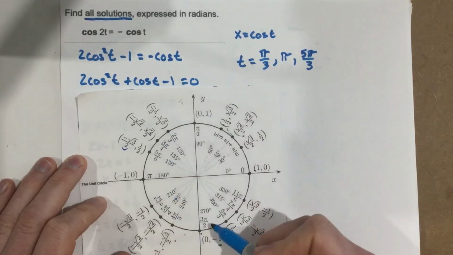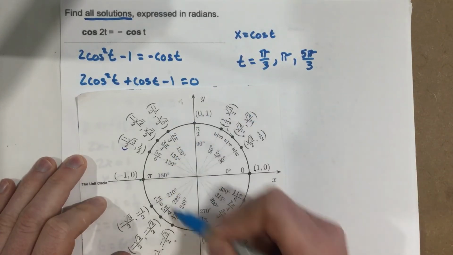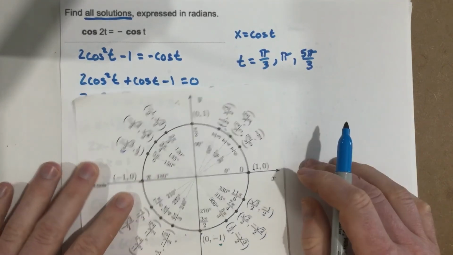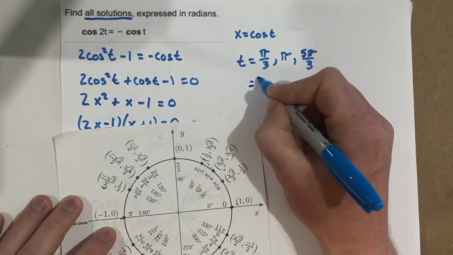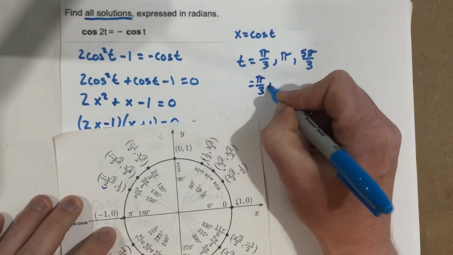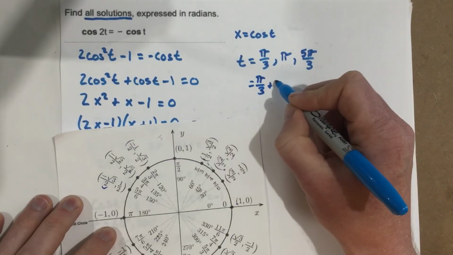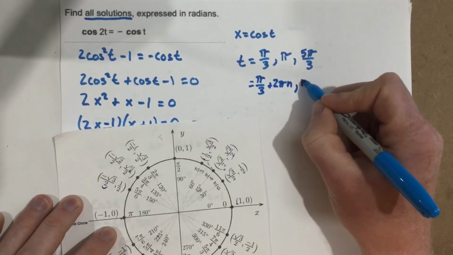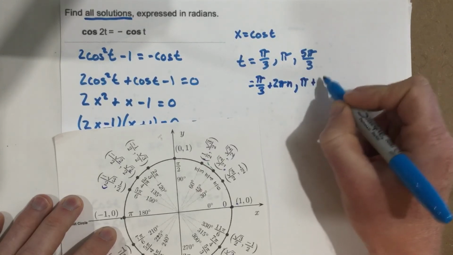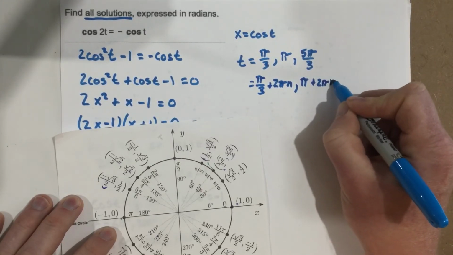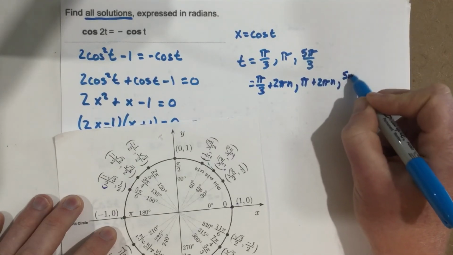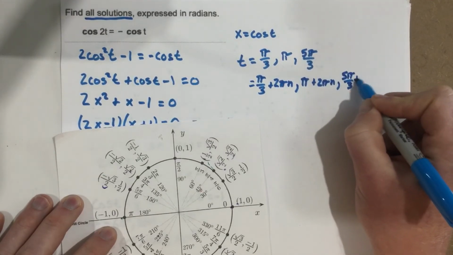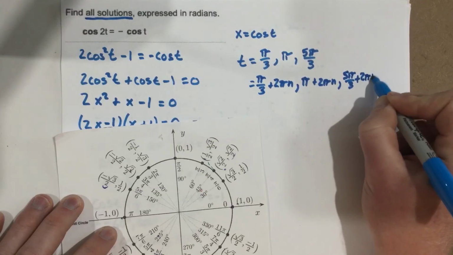We want to go around over and over and over again, landing on the same spots. So what we should do is say that this equals pi over 3 plus 2 pi n, comma, pi plus 2 pi n, comma, 5 pi over 3 plus 2 pi n.